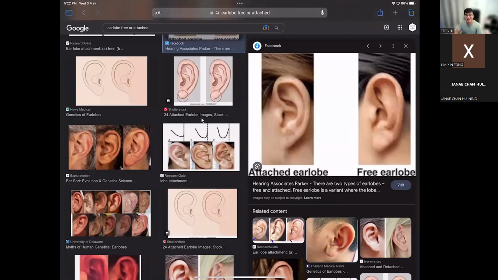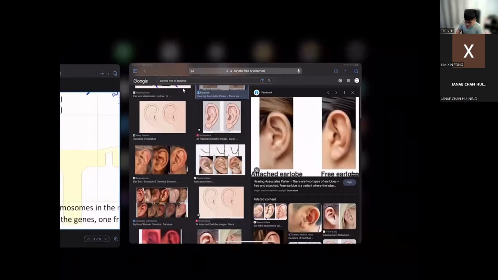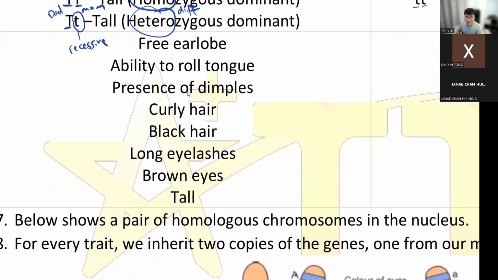Can you see the difference? This is something that we don't really care about, but just something for you to look at. So are you attached or free? Usually if you're Chinese, it's attached. Us Asians are mostly attached. Mine is attached at least. You look at the mirror and see.